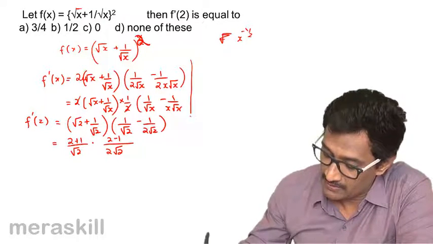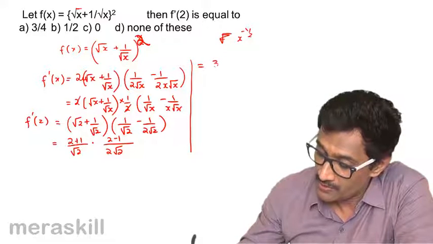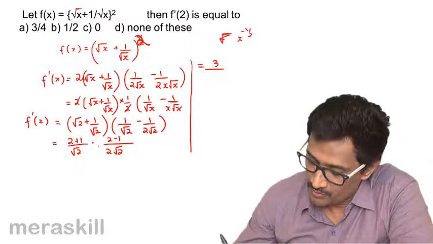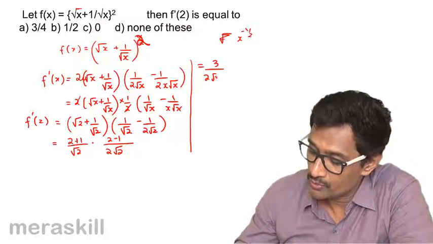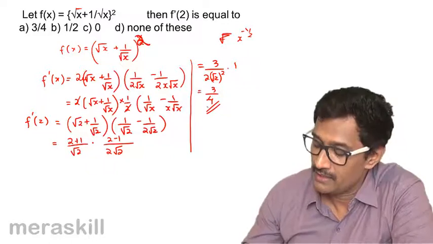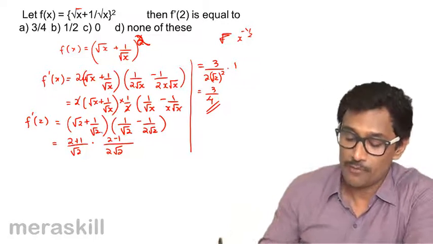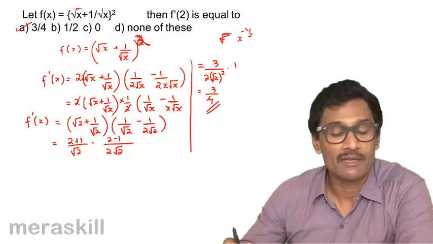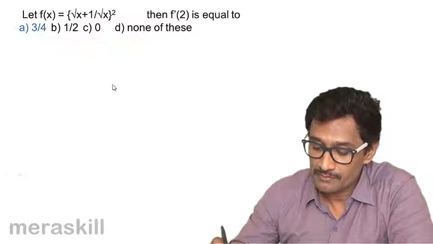So ultimately this turns out to be 3 upon root 2 into 2 root 2, which is 2 root 2 square, into 1, which is 3 by 4. So ultimately it is 3 by 4. That is option number 8. Okay.